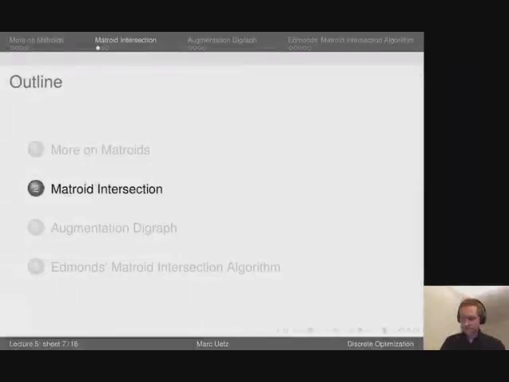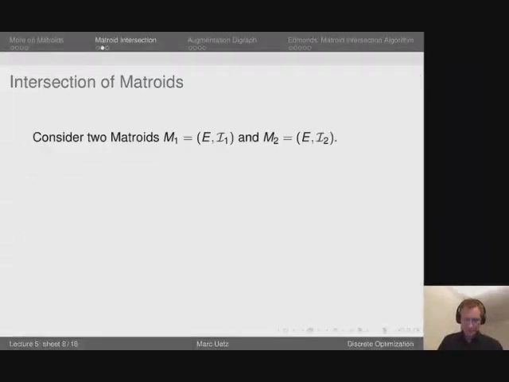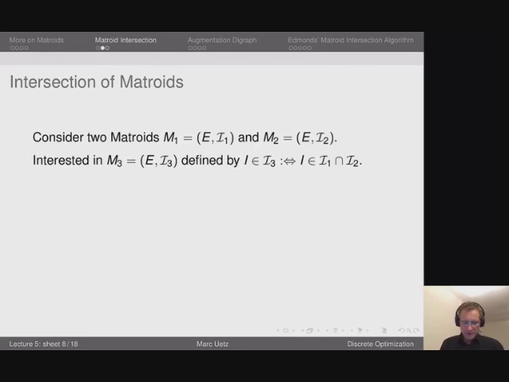Let me define the matroid intersection problem, or first the intersection of two matroids. So we start with two matroids M1 and M2, and we are interested in subsets which are independent in both matroids. So that means we're interested in the structure M3, which for the moment we might call a matroid.